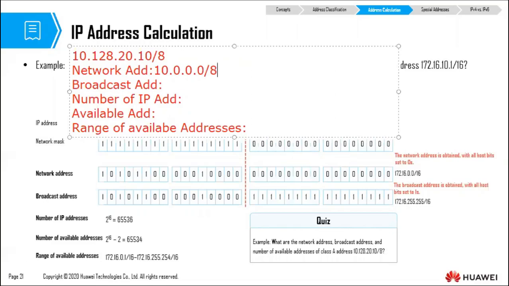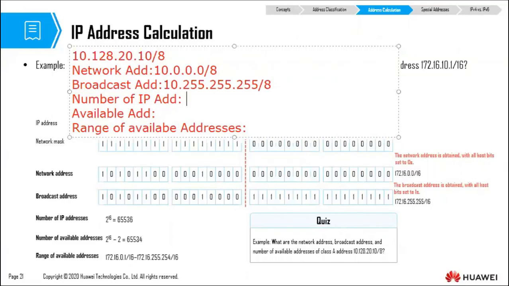So that is the network ID, the network identifier. You cannot assign it to a host. Then the rule for getting the broadcast: you change all the host bits to ones, so you'll get 255.255.255.255/8.